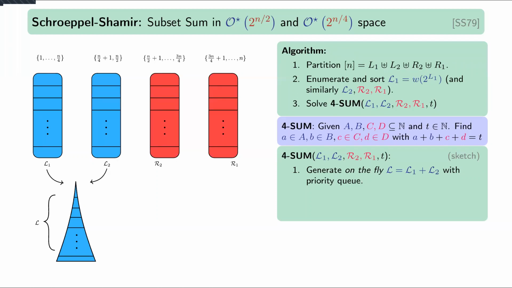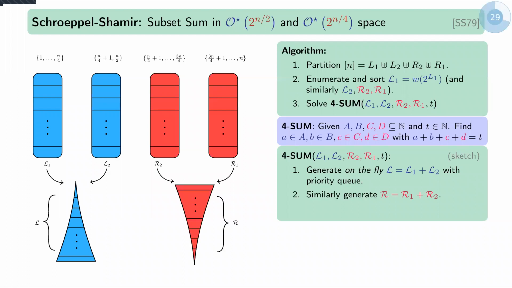It has the property that you have immediate access to the lowest element, and you can get in polynomial time the next lowest element after removing the smallest element from this priority data structure. Schroeppel and Shamir construct the same data structure for the calligraphic R set, with the property that on top you have the highest element in calligraphic R, and then you merge the solution using this two-pointer technique.